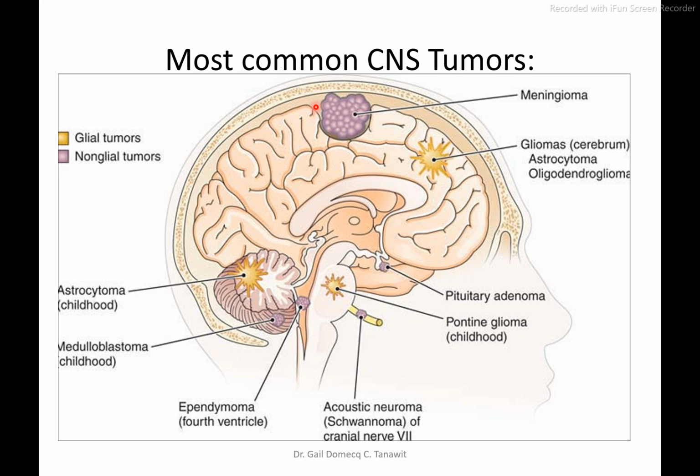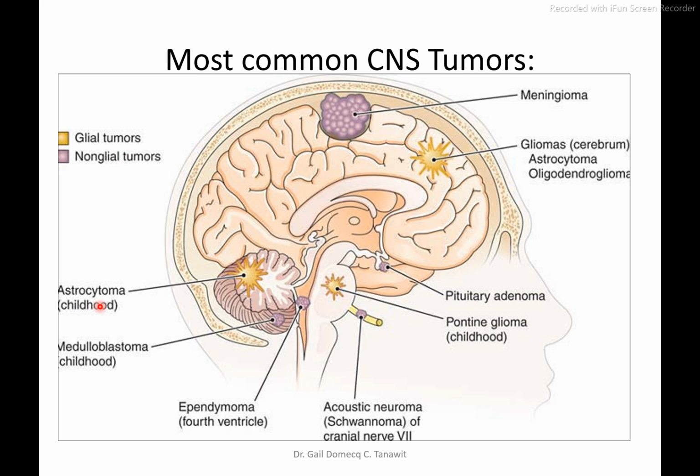So aside from the meningioma, meron din tayong mga astrocytoma, oligodendroglioma. Then we have, ano pa ba? Pontine glioma. And we can have also the astrocytoma in the child. Remember kapag babies, infratentorial.